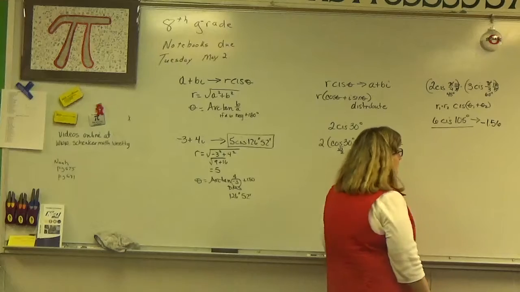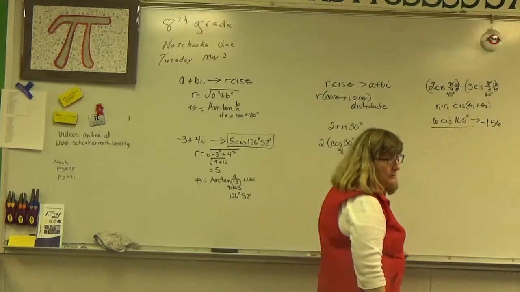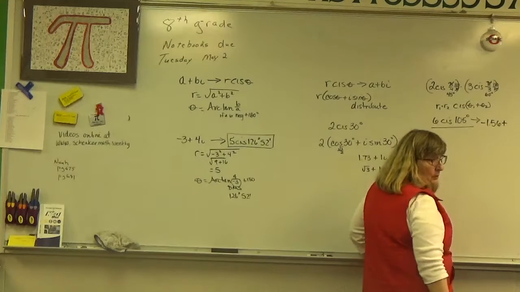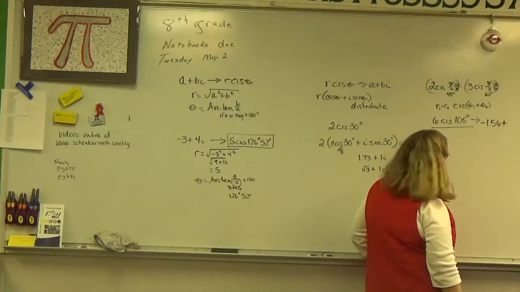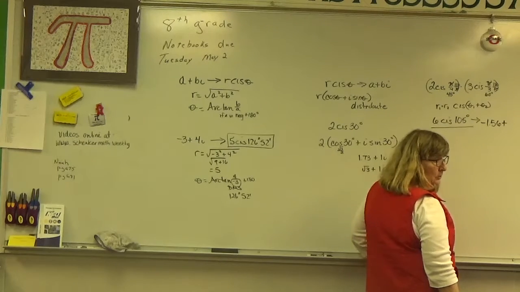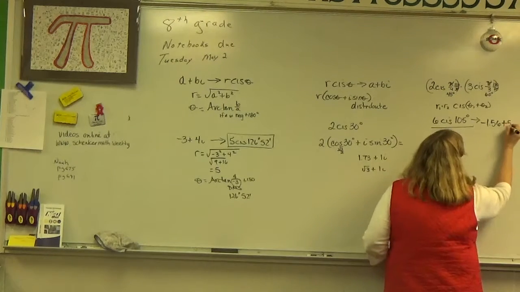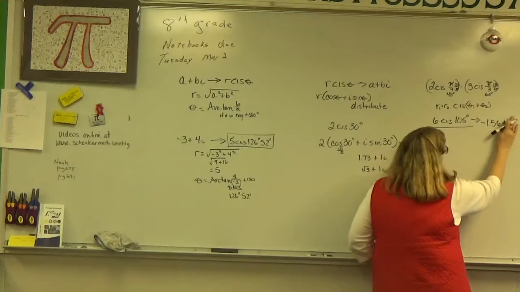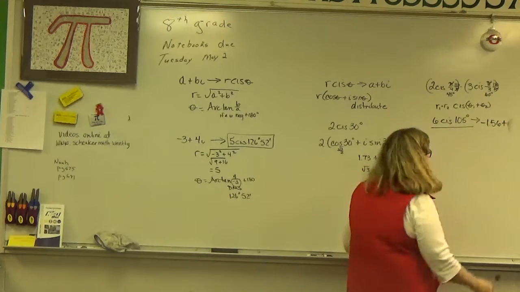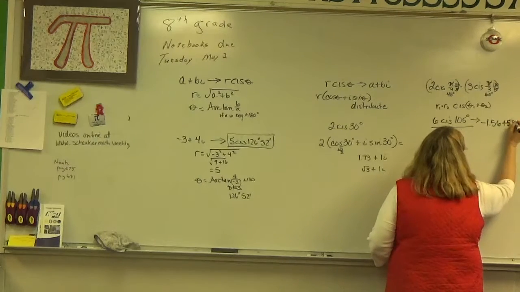What's 6 times the sine of 105? It'd be positive. Next one should be positive. 5.82? 5.80?